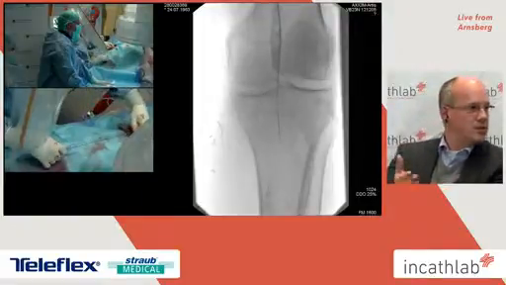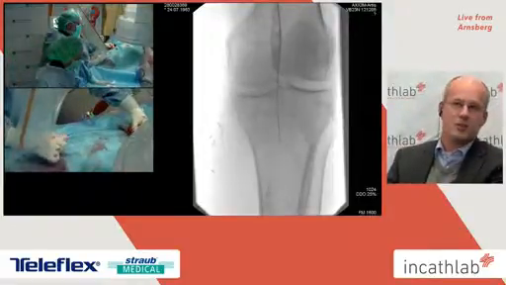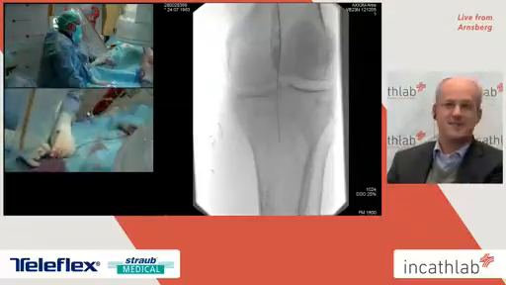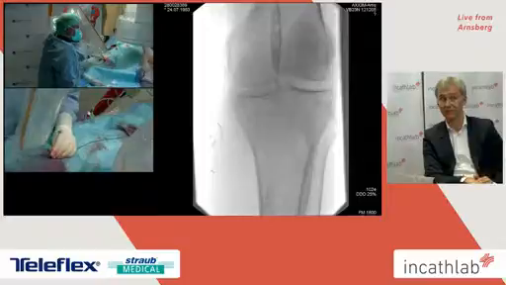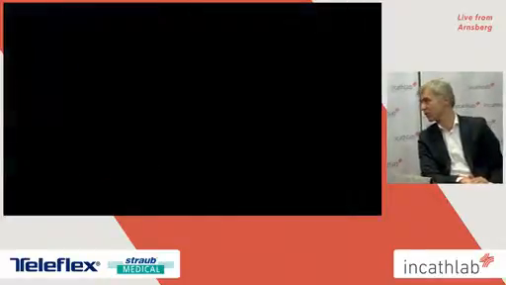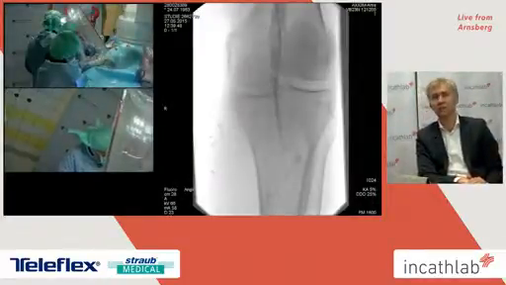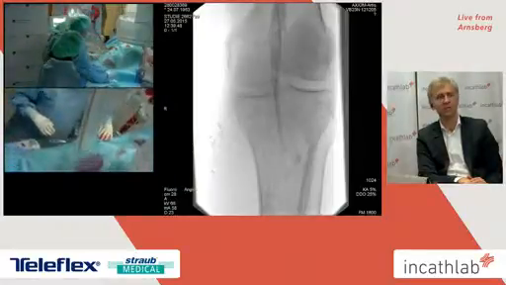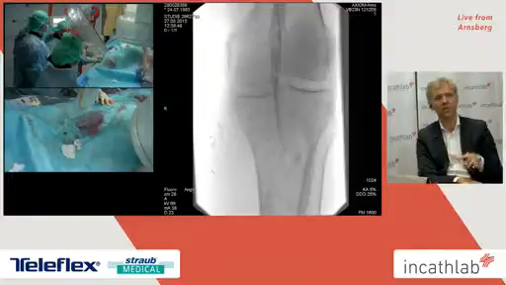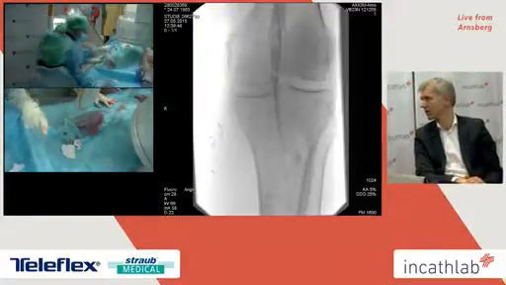Ralph, if you see this case, what would you say? Also more better to go antegrade? Or yes, honestly speaking, I would just also go crossover, maybe just to take stronger sheaths to have a little bit more support. But I'm always afraid that I may miss the offspring of the bypass, even with ultrasound guidance.